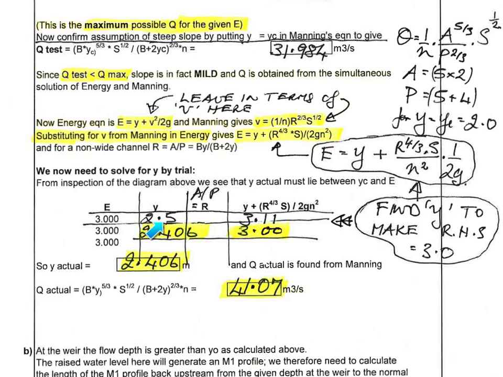Usually it's easier to have a column for p, and then r is a over p, and then take that r and put it in this expression here, where we've substituted Manning's equation into the v squared over 2g term. Go for 2.5, and it's a little bit bigger than 3. The answer after a few trials, 2.406. So we find the actual y, and then we can go back to Manning's equation and find the actual q.